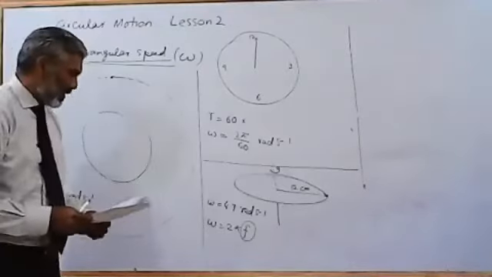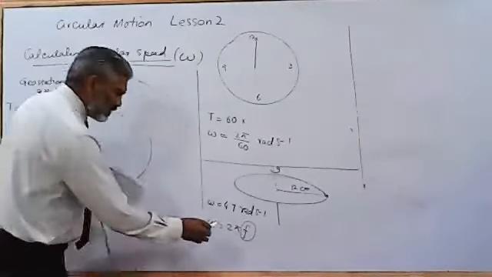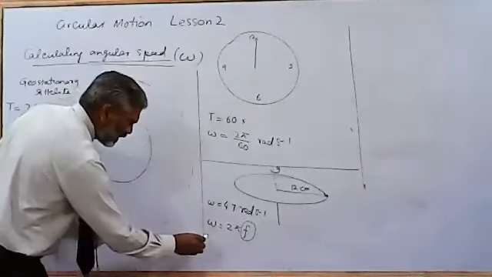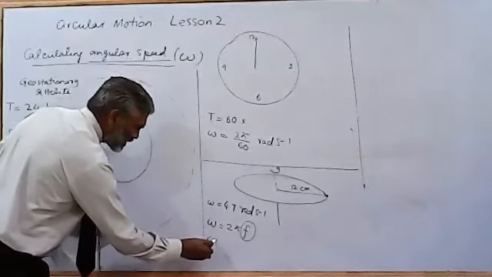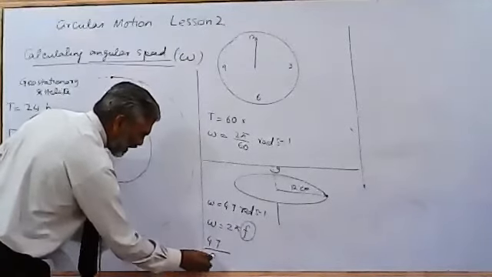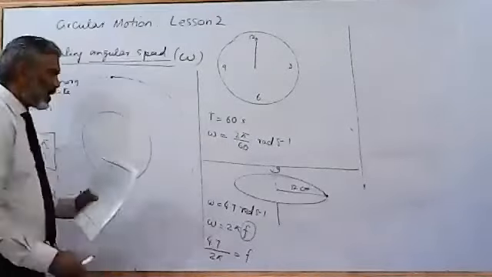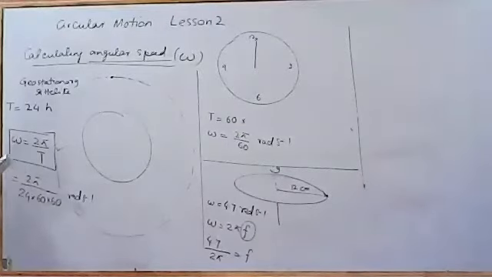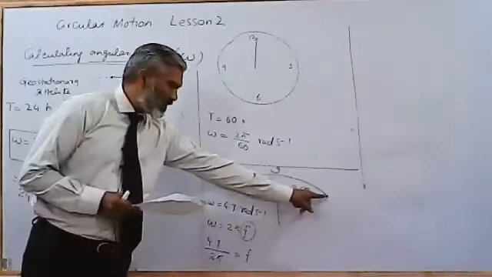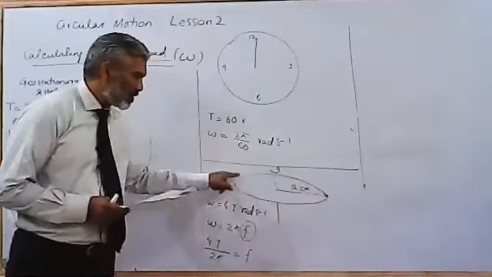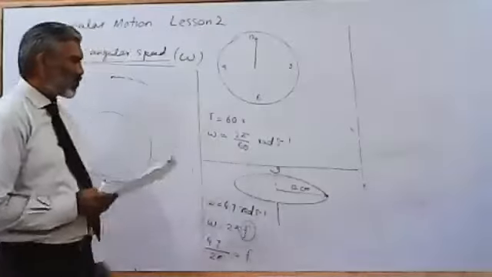The idea is the same. This frequency means if I use 4.7 here and divide it by 2 pi, this gives us the rotations per second. How many times this object completes the round trip.